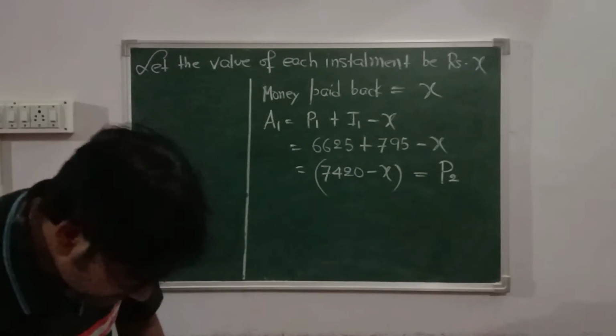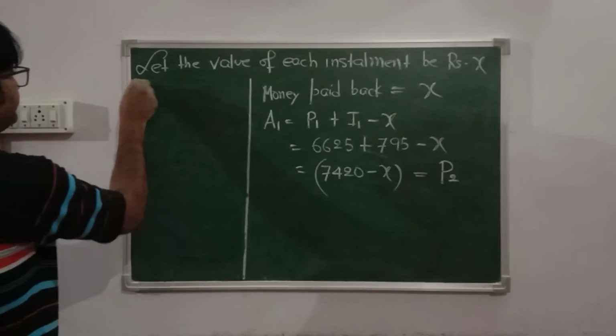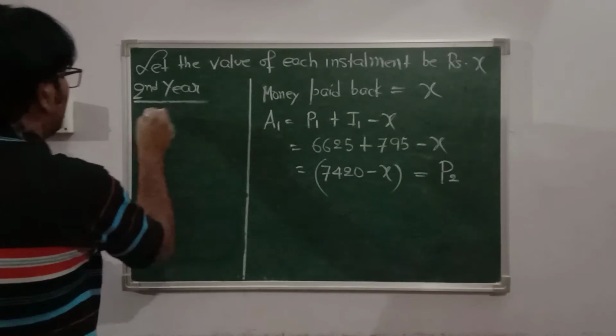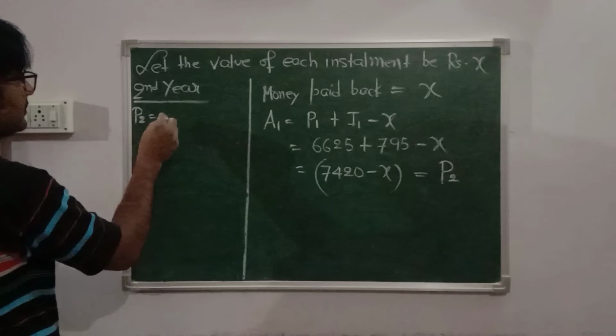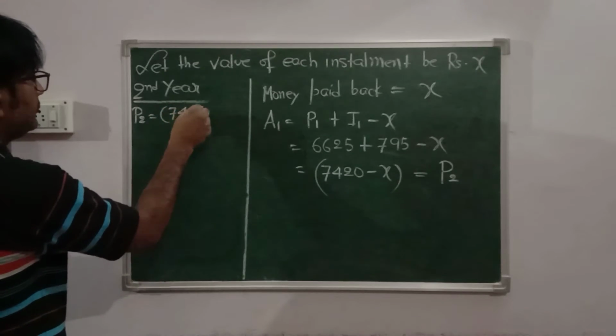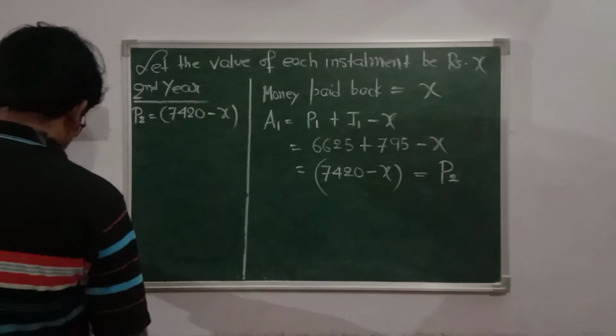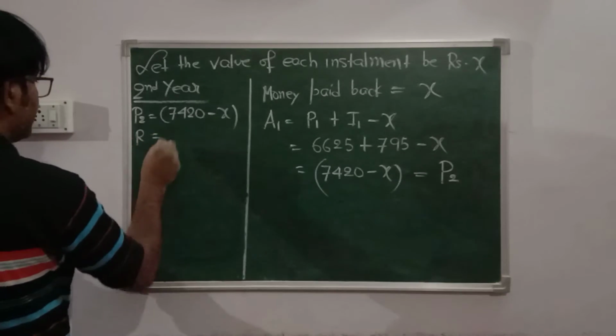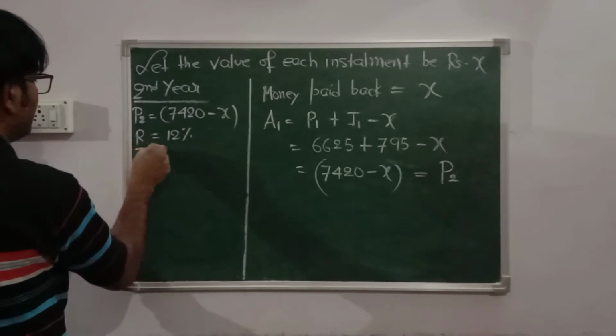So second year, P2 is 7420 minus X, and rate is 12%, time is 1 year.